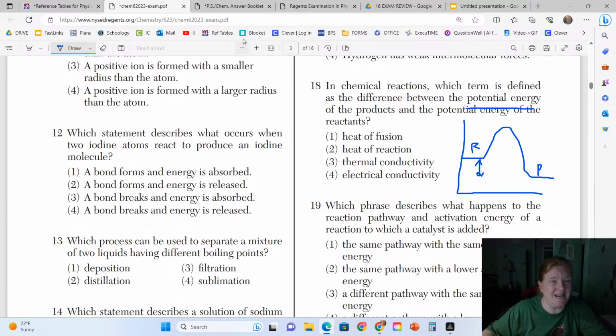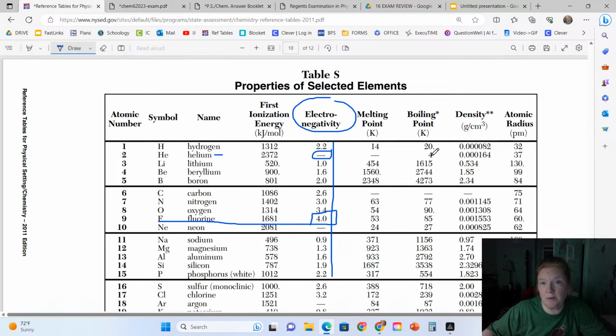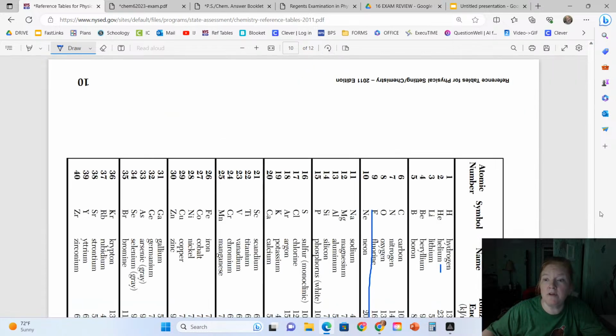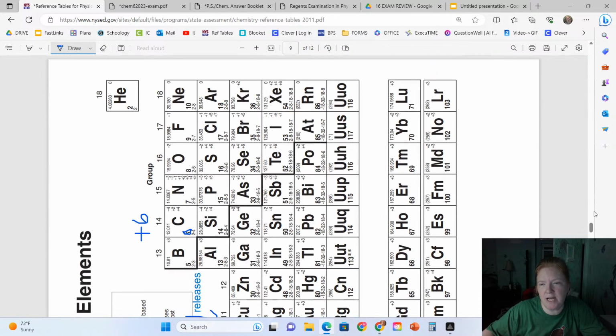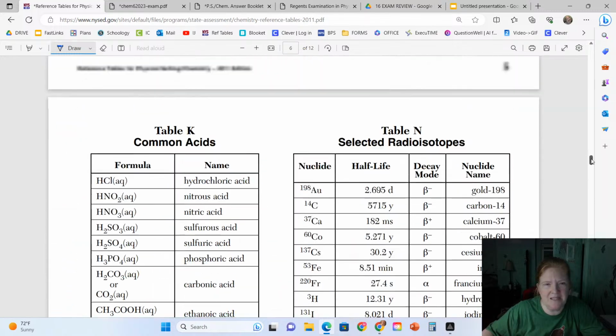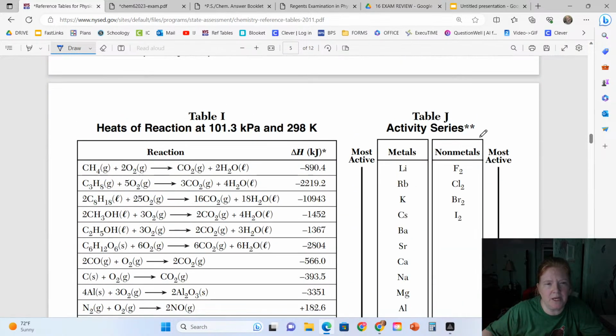And you're right, it is on the reference table. There's a reference table you look at for potential energy diagrams, table I. So you can use table I to draw potential energy diagrams.